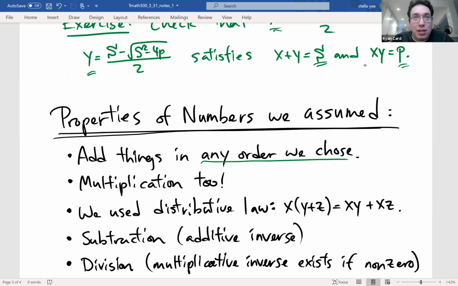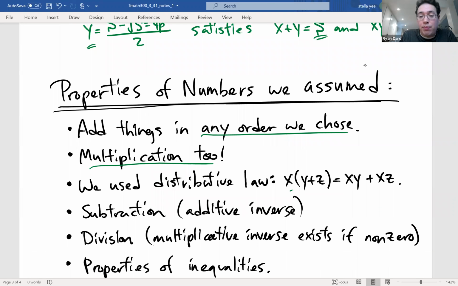We added and subtracted things in the middle to create a perfect square. And multiplication too, we did in any order we chose. We used the distributive law, right? We factored things out, multiplied things back in.